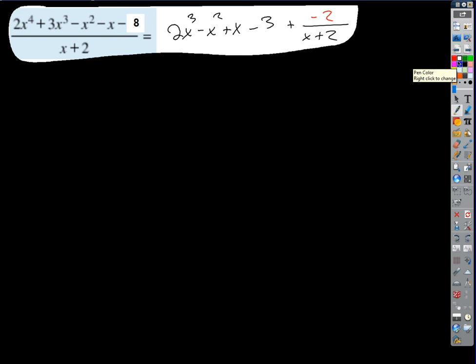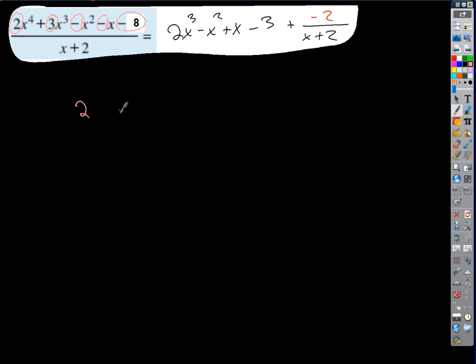What if we take the numerator and just write down all the coefficients of the numerator? So we've got a 2, a 3, a negative 1, another negative 1, and a negative 8. We just write all those down in order. If I have any missing terms, I'd have to include the 0 coefficient.